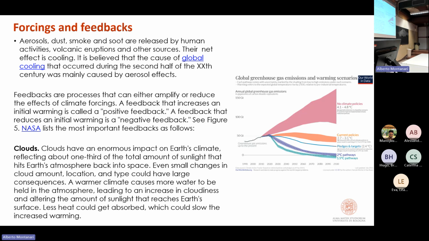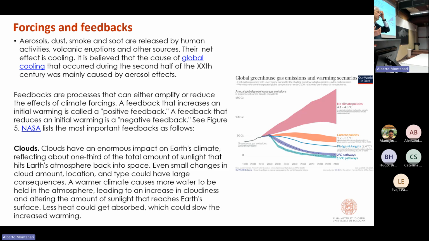The problem is that we still don't know these feedbacks in the climate system. We cannot characterize them. Climate models reflect our current knowledge, but our current knowledge may be affected by gaps. And therefore, you understand another reason of uncertainty.